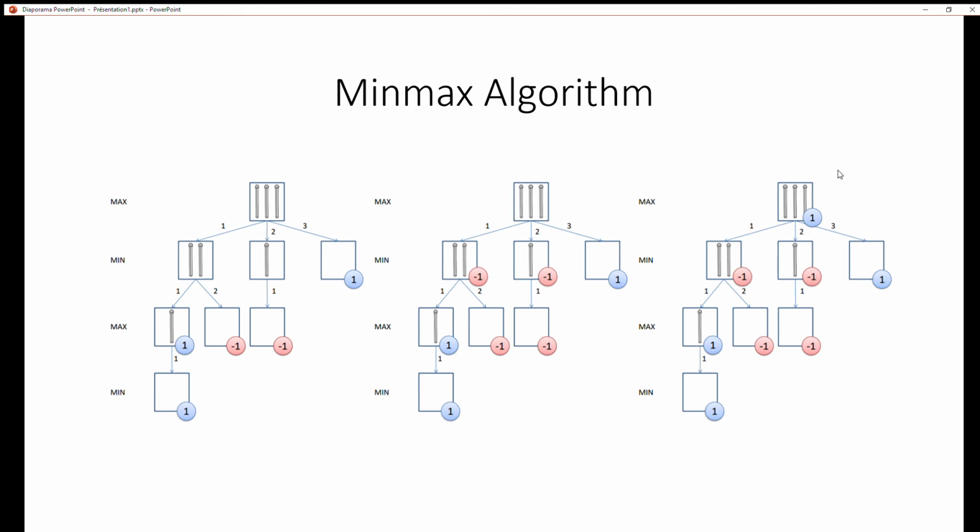And to finish, when player Max plays, he has 3 choices, and the only one that maximizes this value is to remove the 3 matches and so to win. That's the goal of the algorithm.